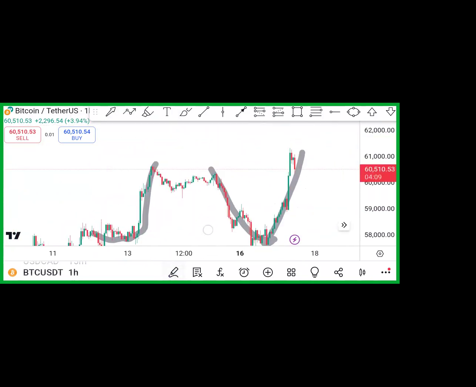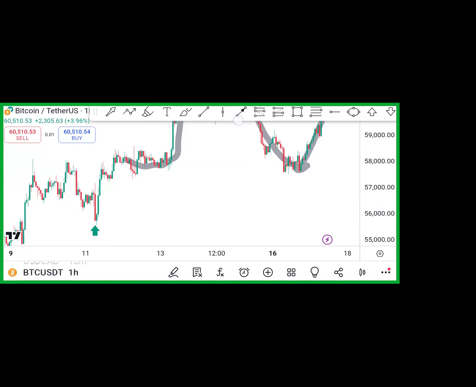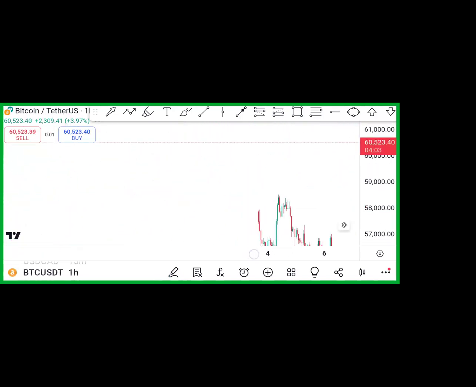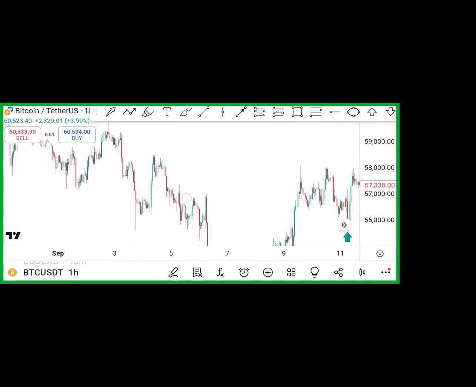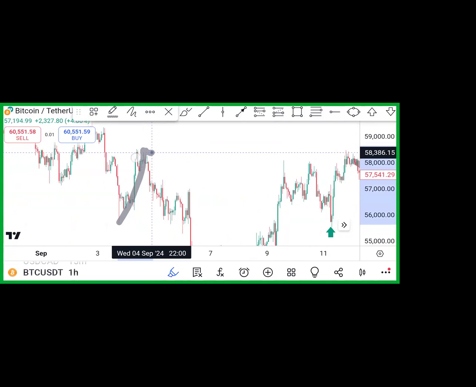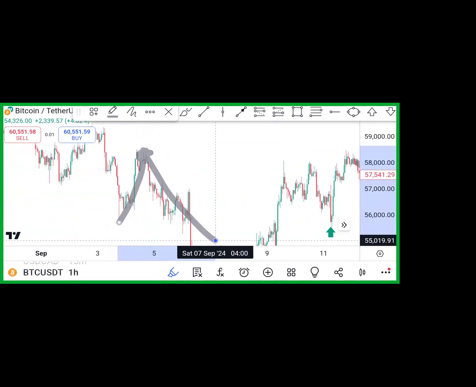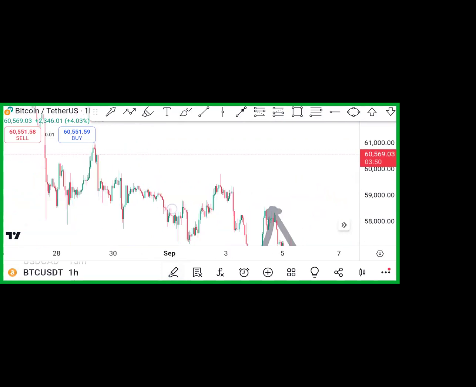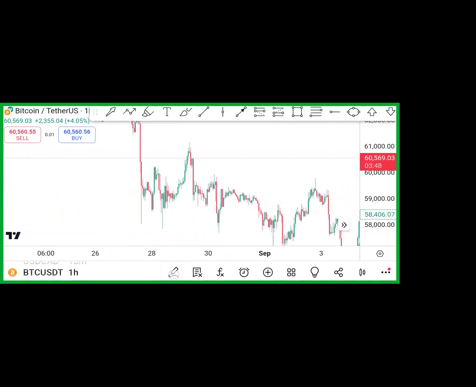Then at this level right here, let's mark out another level. At this level right here, the price was going up, then it got here and then sold off. Then you start identifying all the basic levels.